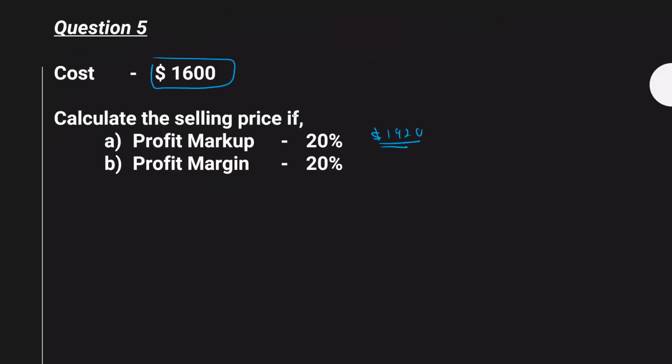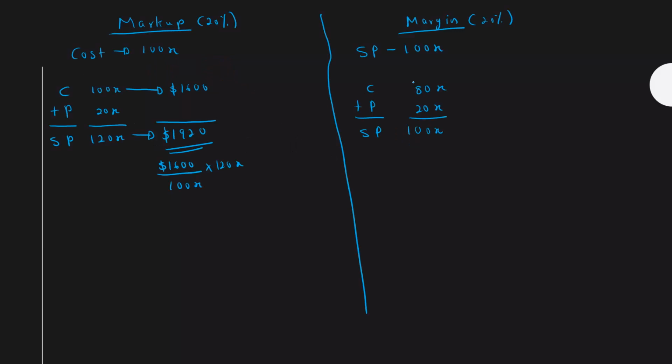So in this question, the cost of the product is given, it is 1,600. So I know the value of this 80x, 1,600. So if that's the case, how much is the 100x? So 1,600 divided by 80 into 100, because 1,600 is the value of 80x. Then what's the value of 100x?